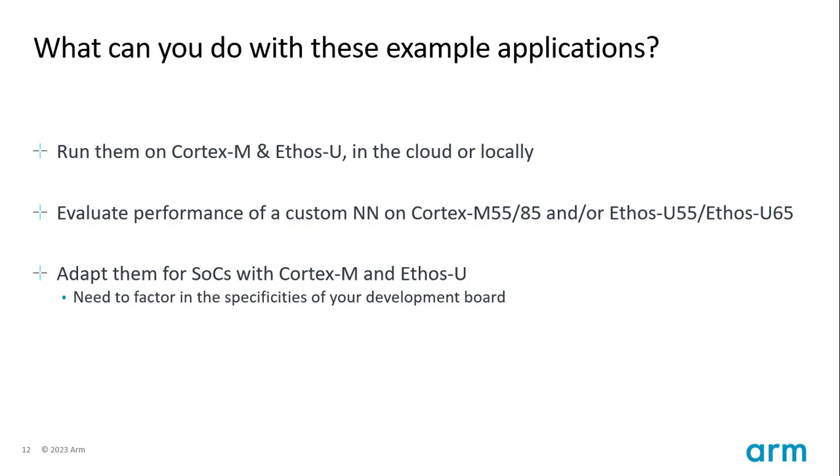You can do that, again, in the cloud or locally. And perhaps the most important point is that you can develop your software and adapt it for when silicon becomes available, so that you are essentially shortening the time to market of your application.